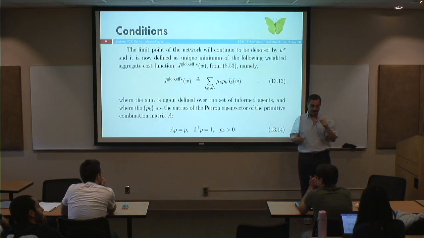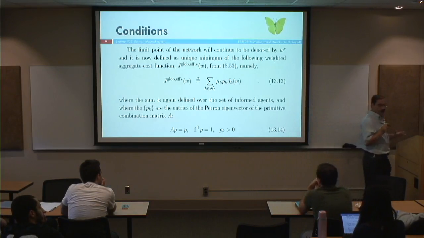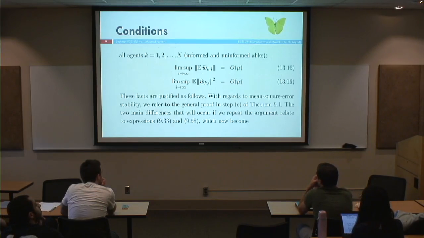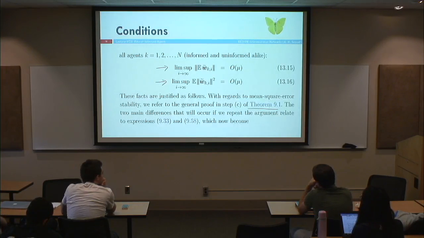That's what I do in this chapter. So for example, here I'm telling you that the Pareto solution depends on the set of informed agents, which makes sense, and that you can still show that you are going to converge close to that solution, by repeating arguments we did in the previous lectures.